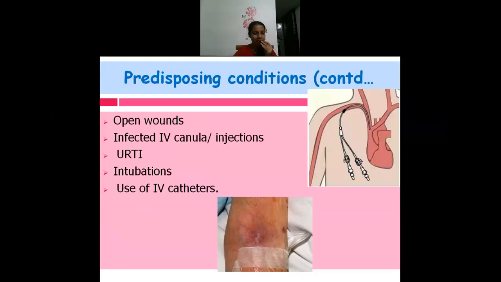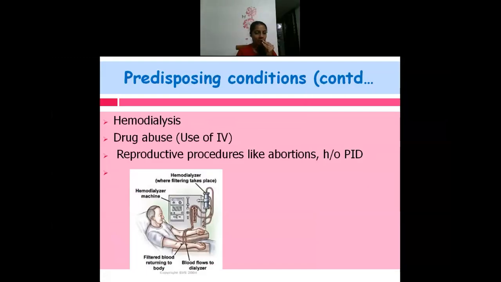Or if you have got any upper respiratory tract infections like your rhinitis, sinusitis, otitis media, if it migrates or spreads to the endocardium, that may cause endocarditis. Or when a person is intubated, we know that when a person is put on a ventilator, commonly we will intubate the person, isn't it? So that time also a person can be at risk. Or if the person is using any IV catheters, that time also they can be at risk because bacteria can enter the bloodstream and it can also affect your heart.